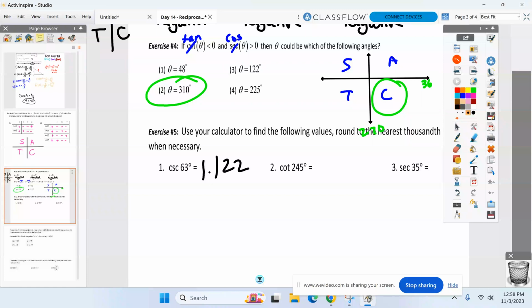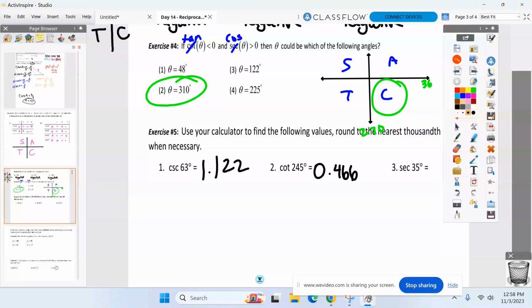All right, go back, cotangent of 245. So toolbox, all the way down to trigonometry advanced. You don't have to go back into the thing and hit trigonometry. It just opens up when you hit the toolbox again.